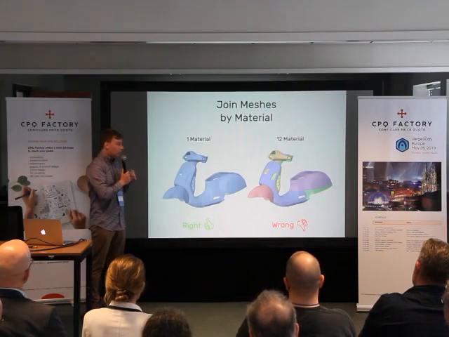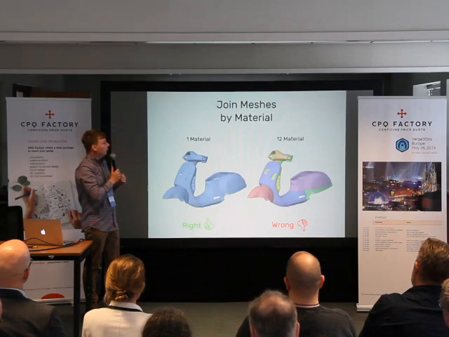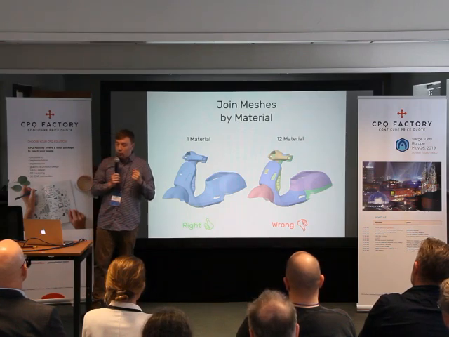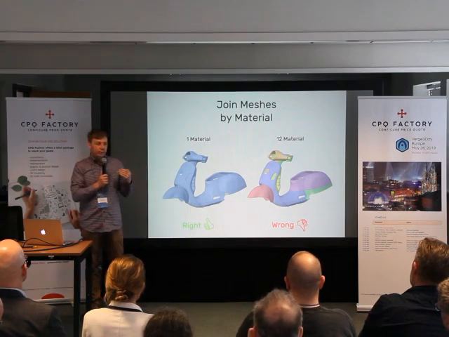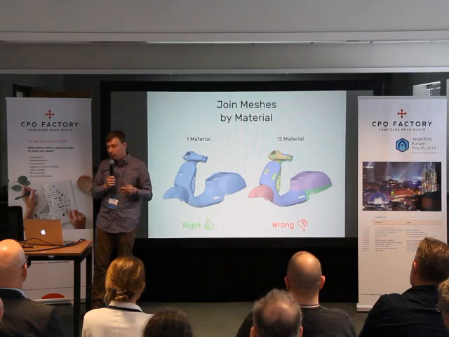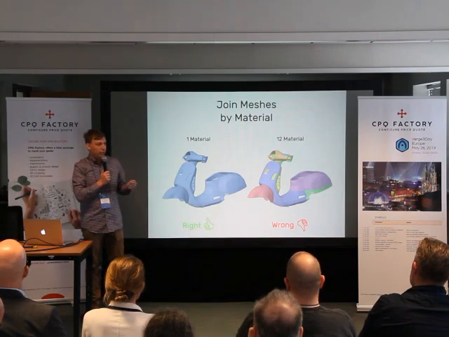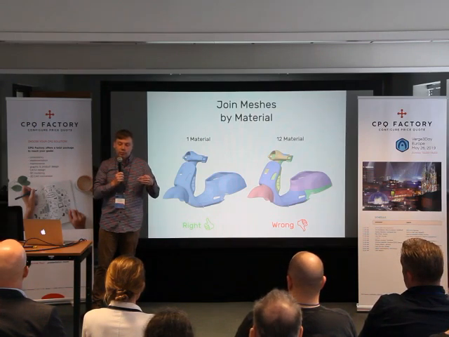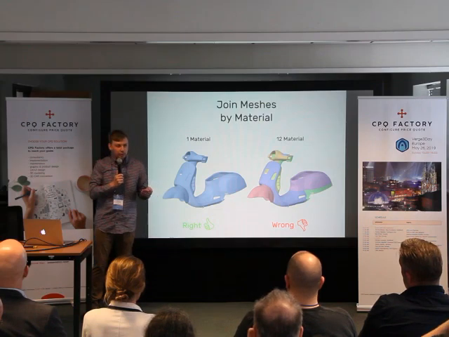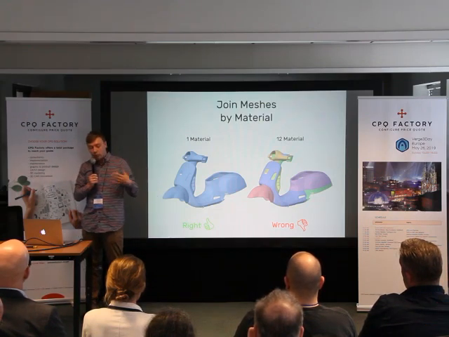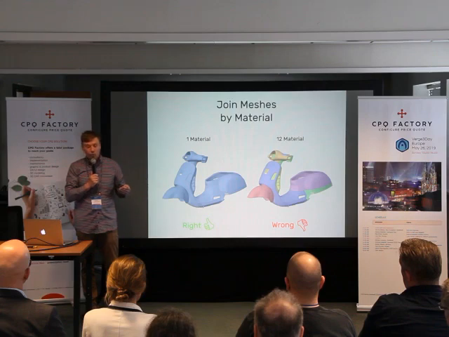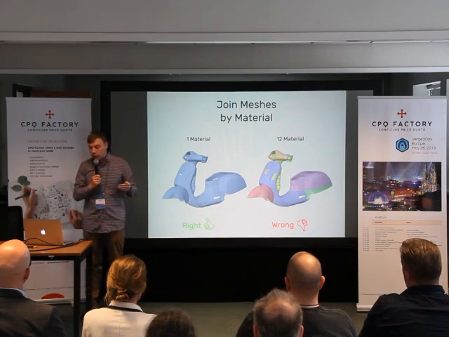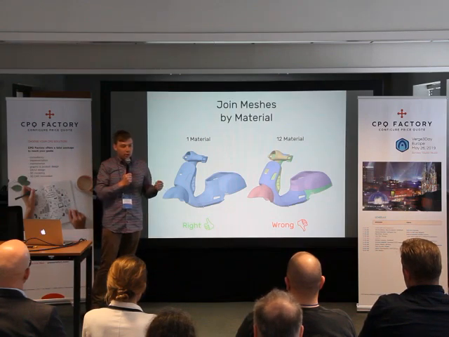And another way to optimize shaders: usually when you create a 3D scene, you can make a lot of different objects with the same material. And when you export it to the Verge3D engine, you will also get multiple shaders. So it's better, before you export it to the Verge3D engine, to combine these objects into one solid object, so you will get only one shader on export.